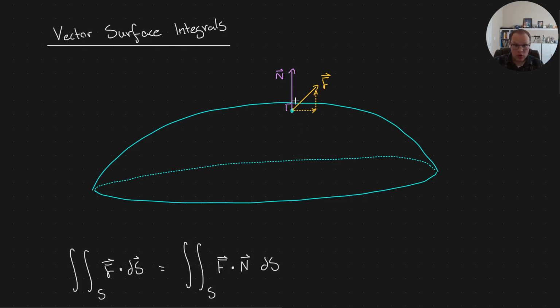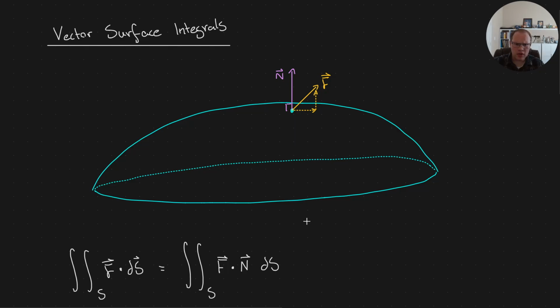So with the normal vector pointing up, we would count flow positive going up, out of the surface. But if with whatever parameterization I have, the normal vector points in the other direction, then if our flow is going this way, we would count that as negative. It's going in the opposite direction of the normal vector.